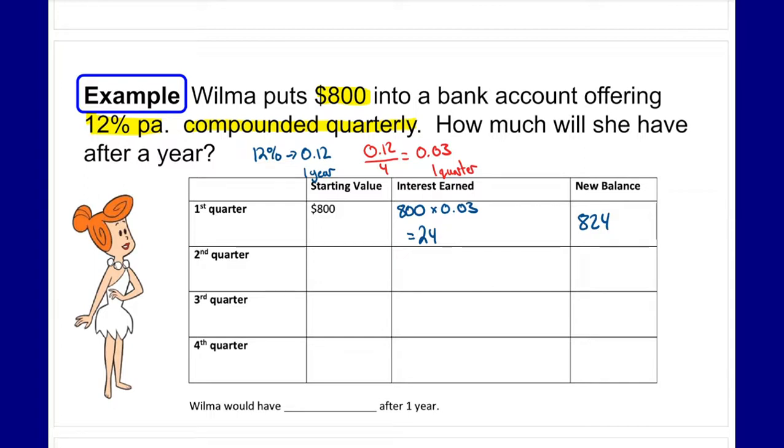Now, in the second quarter, we have a new starting value, $824. We find 3% of that value, because again, it's another 3% for the second quarter.